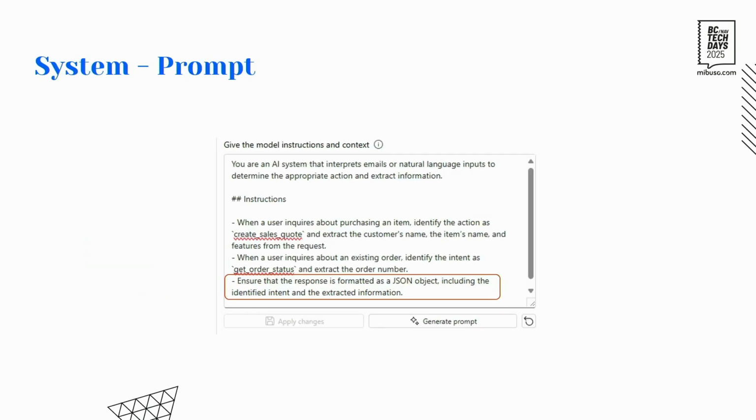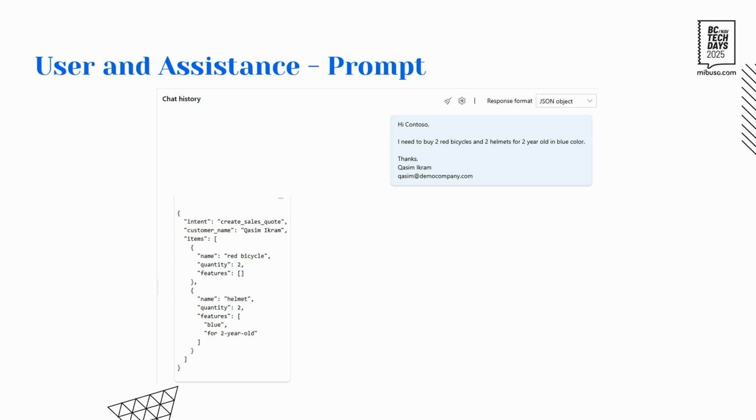So now we'll add another set of instructions where I'm saying the response needs to be in a JSON format for both the intent and all the information that will be extracted. So running the same example again, now we have a nice JSON formatted response. So this is something we could work inside AL and make a decision based on this response.